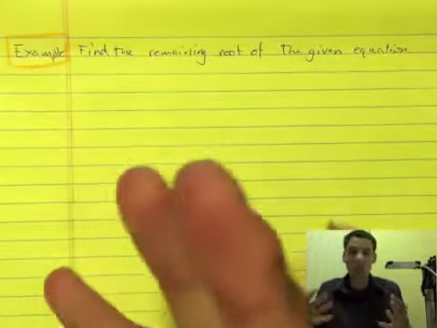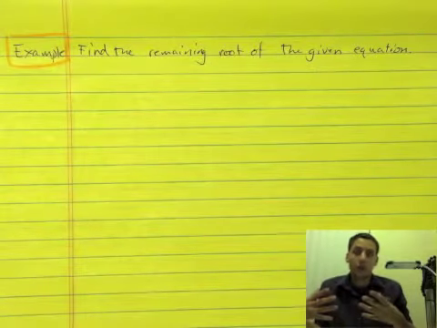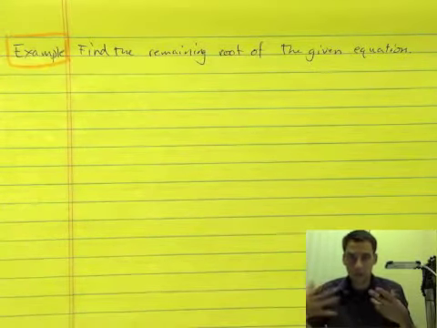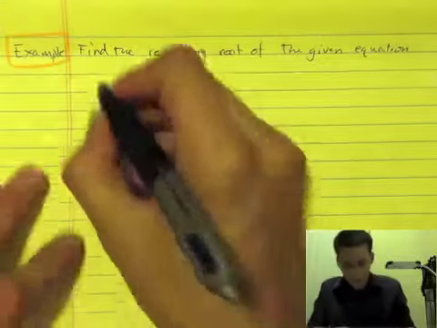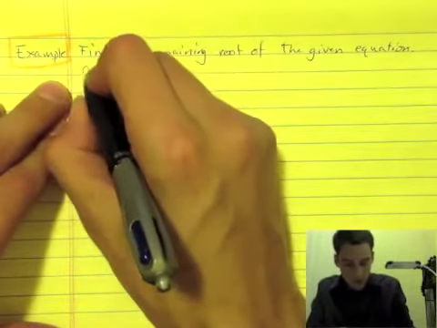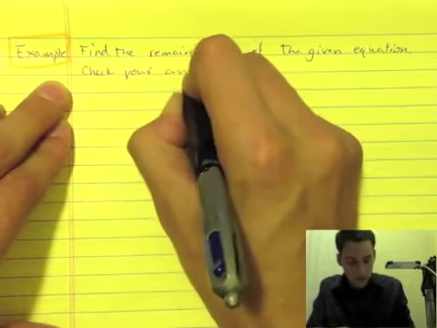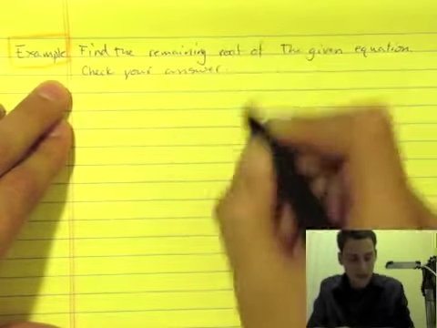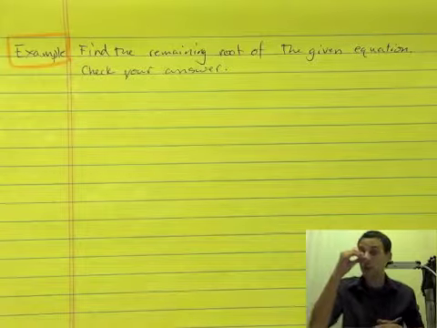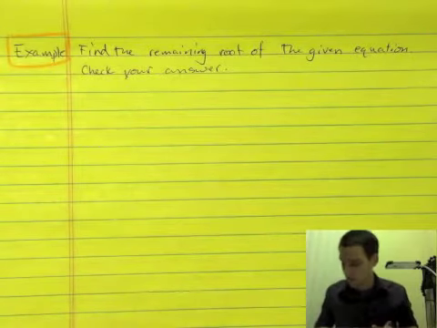This is also just using the theorem. If we know the theorem, we know what it means, we know what it can do, we use it, we're done. That's it. And then also it says check your answer. Check your answer. And what that means is plug it back in, make sure that it is actually a root, meaning that it gives you 0.